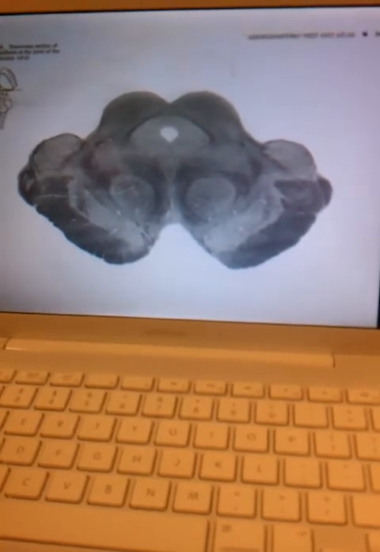Balance. Yeah, balance, or also where your head is in space. So part of what this tract does is, vestibular nuclei say that the head is tilted, and it contacts 3, 4, and 6 to move the eyes to compensate for head tilt and things like that. Makes sense. So MLF, super important between vestibular nuclei and 3, 4, and 6.